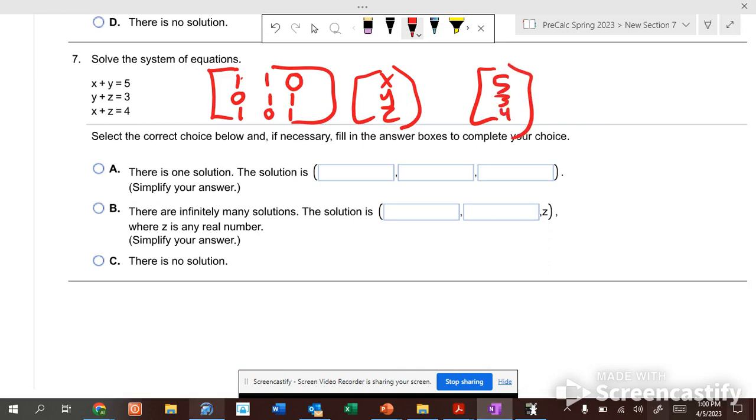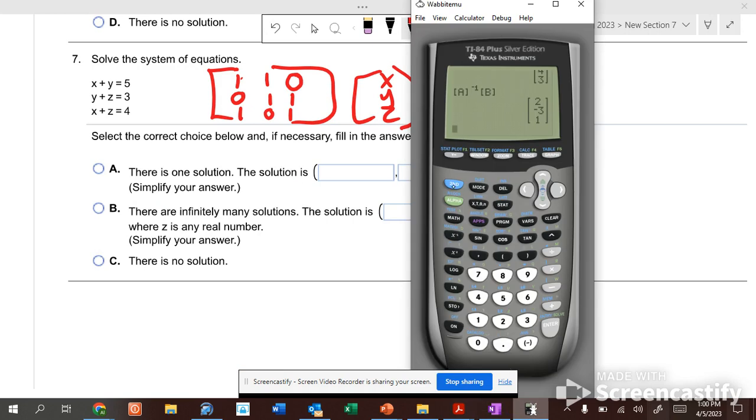So on our calculator, second matrix, I'm going to edit A. That's going to be a 3 by 3 matrix, but it's going to be 1, 1, 0, 0, 1, 1, and 1, 0, 1.